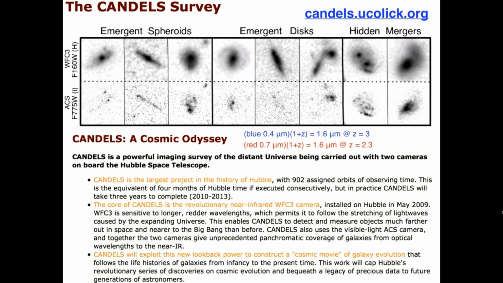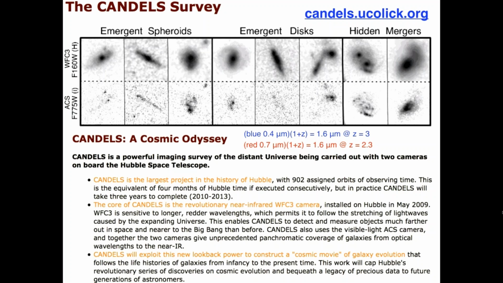With the Advanced Camera for Surveys, what we saw was rest frame ultraviolet light from these high redshifts, because we didn't have the capability of going very far into the infrared, whereas the light of the majority of stars in these galaxies would have been redshifted so that we needed infrared capability to see them. With Wide Field Camera 3, we can see out to about 1.6 microns.